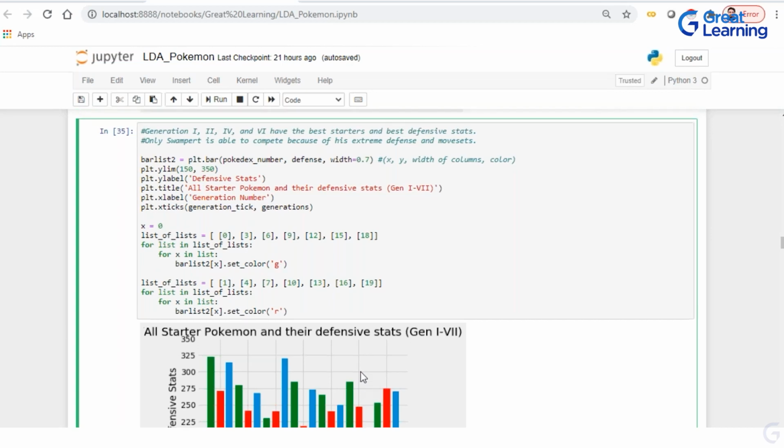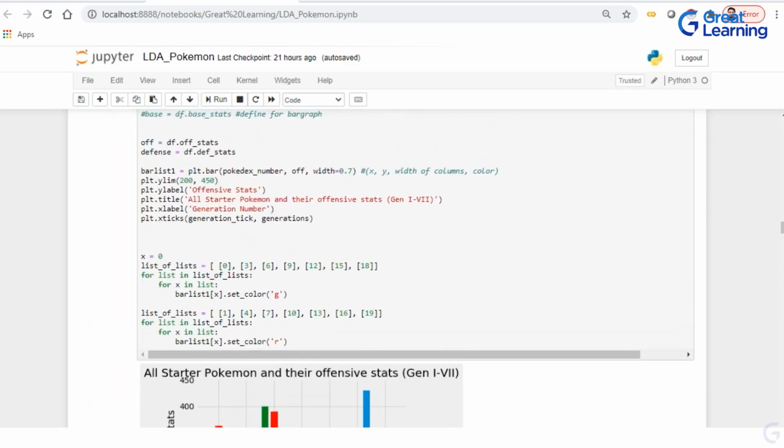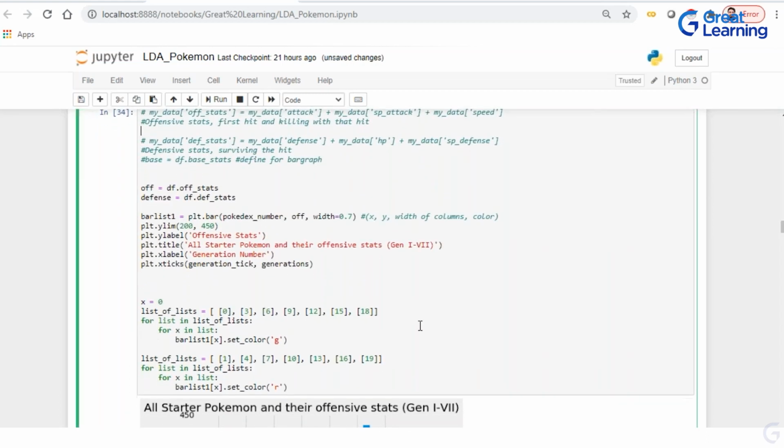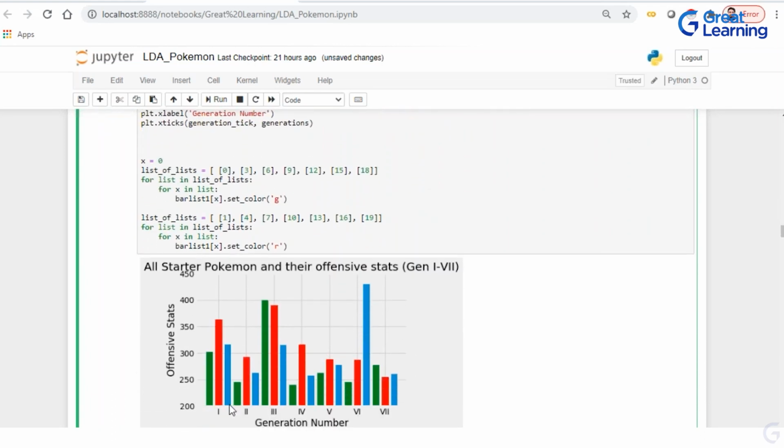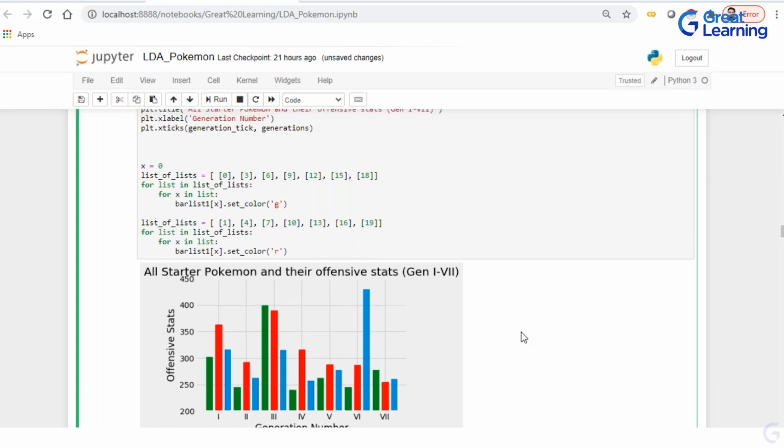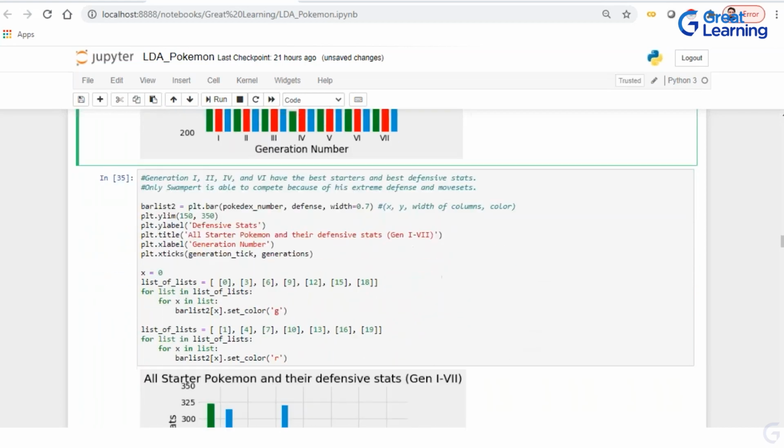While when we compare offensive stats, the first hit and killing with that hit, we find that it is the first, third, and the fourth, which is red, that is more like an attacking one. So we can find this in first, third, and a little bit in fourth, being the highest in terms of the offensive stats that we can compare.